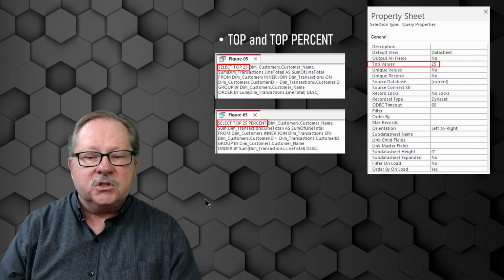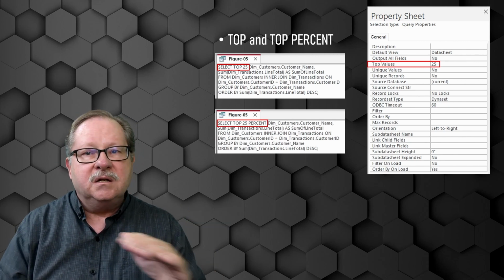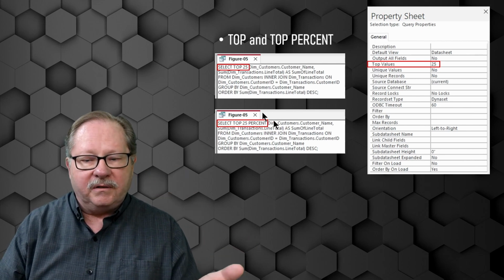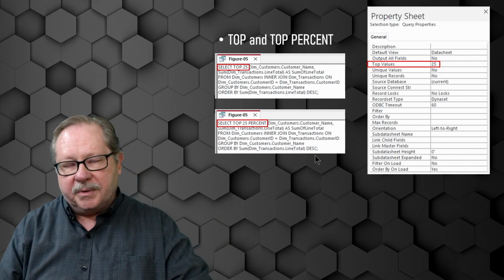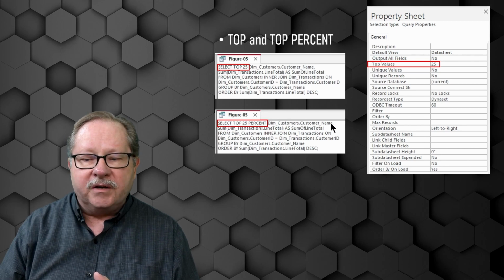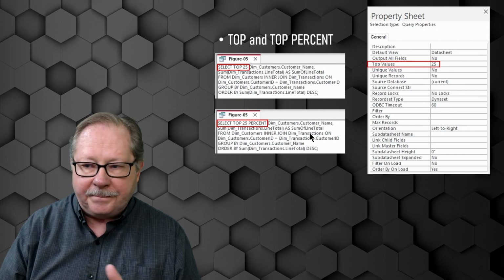Okay. Now let's look at the percentage. Let's say I want the top 25% of all of those records. And I have it sorted, of course, and set up so that I know that I'm going to either get the top of the list or the bottom of the list, however I want it sorted. So I'm going to get the top 25% of the sum of line total by customer name.